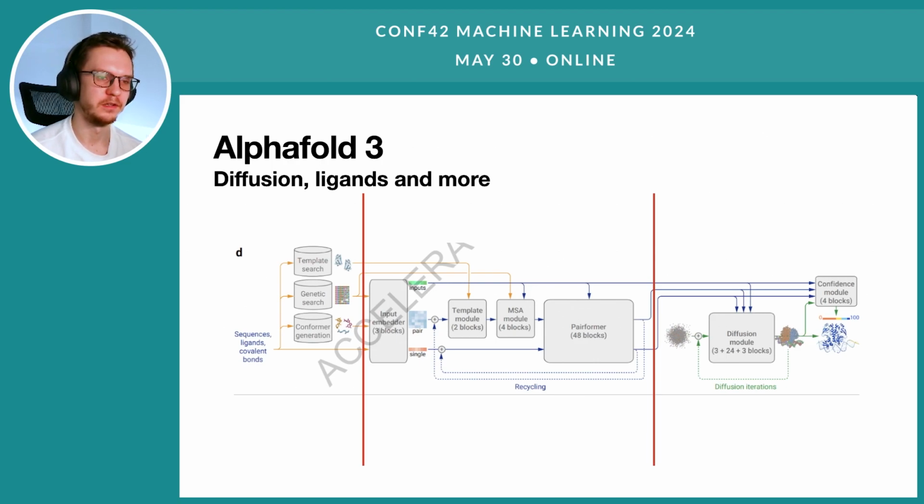And in this model, they used a diffusion module to produce protein structure and other molecular structures from noise, similar to generative AI for images and videos.